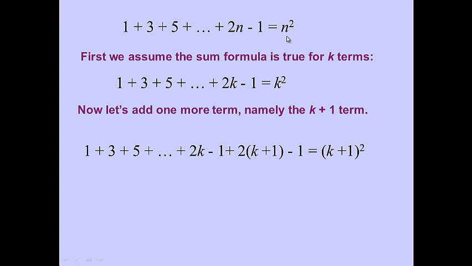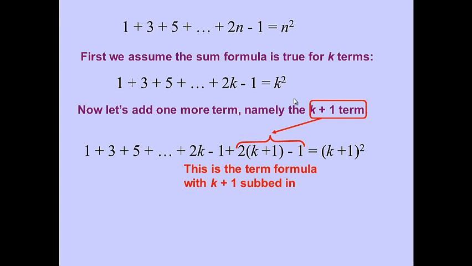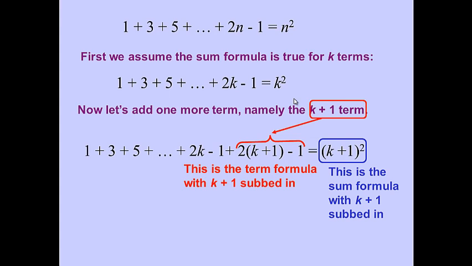And here we have n squared, and we have k plus 1 squared. So we're saying, let's add one more term to this previous statement and see if it's really true. Notice that is the k plus 1 term, and this is the sum formula with k plus 1 subbed in.